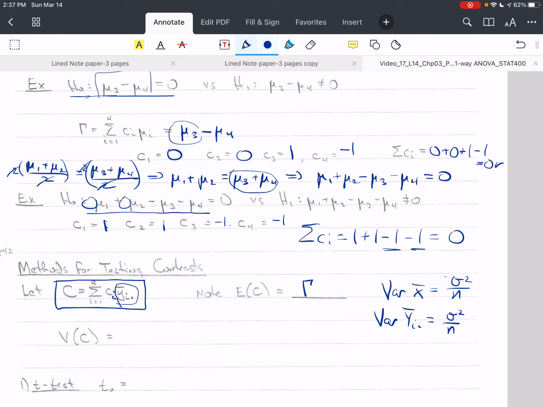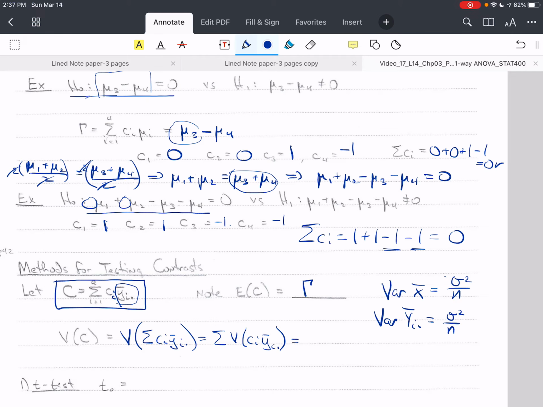So the variance of C is the variance of the sum of Ci yi dot bar. And because the yi dot bars are independent, this becomes the sum of the variances. If they weren't independent, we'd have a bunch of covariances in here, but the covariances are 0 because they're independent.